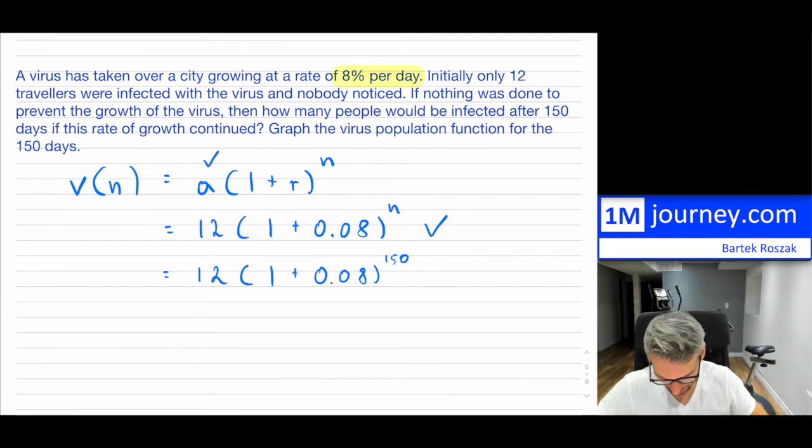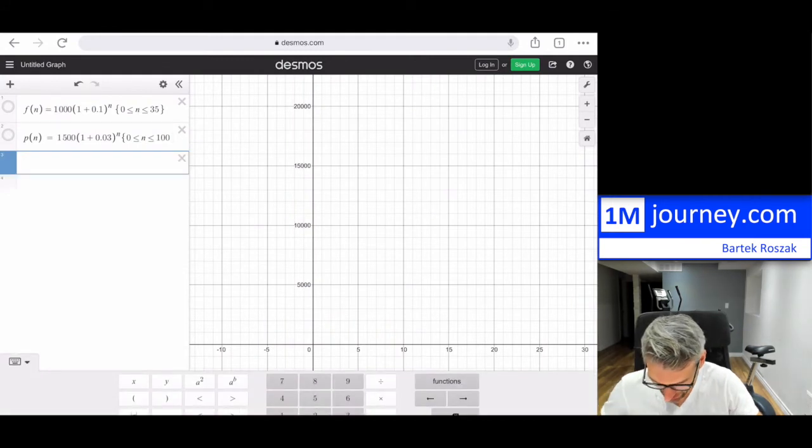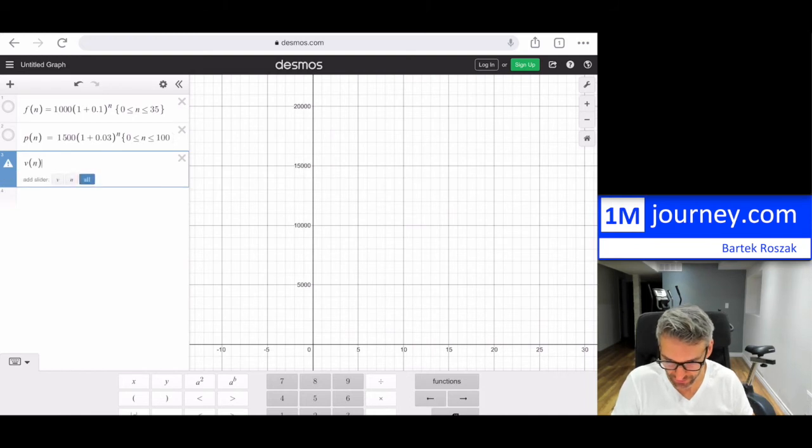And I hope that this will now come back at you. Actually, so here we go. So this is the virus one. So let's put it in here. Equals 12 plus, it's growing at 8% per day. Now this is all per day, by the way.